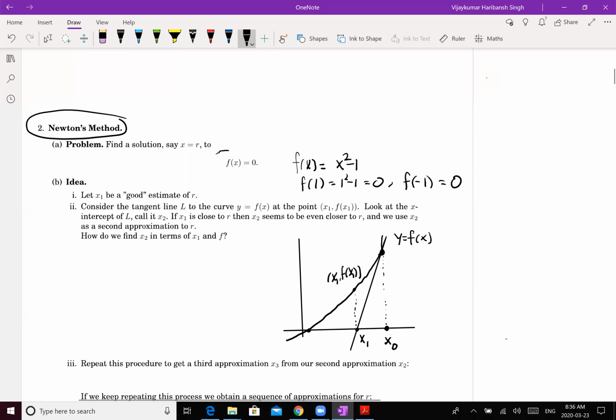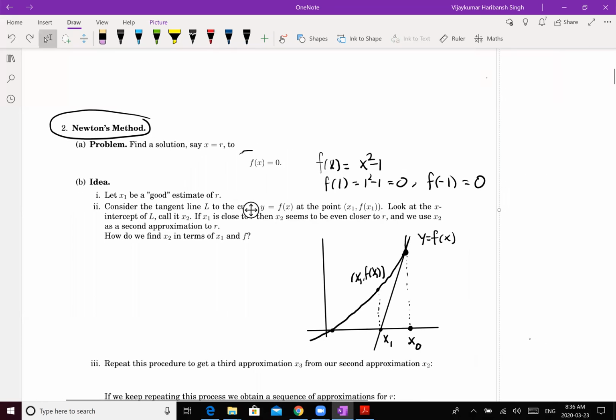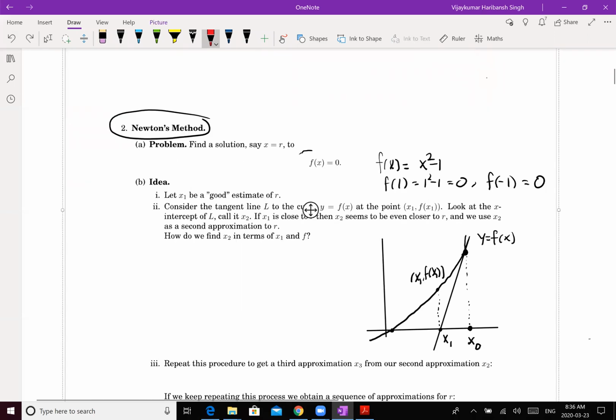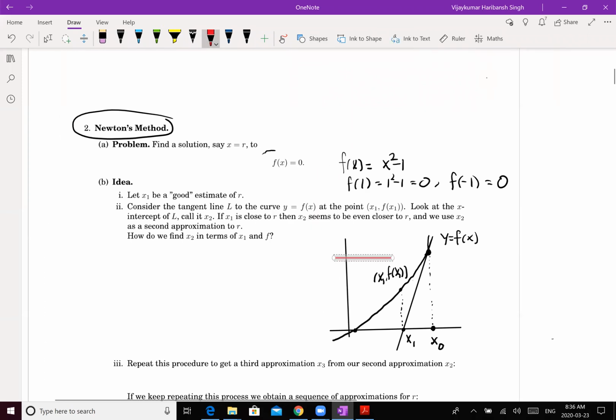You draw a tangent line there and it cuts the x-axis at x2.